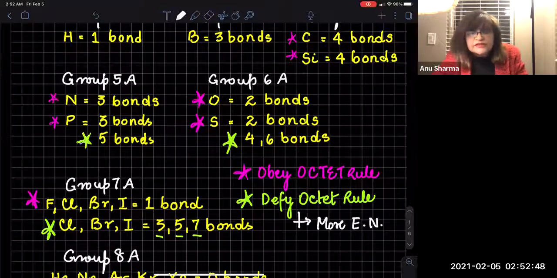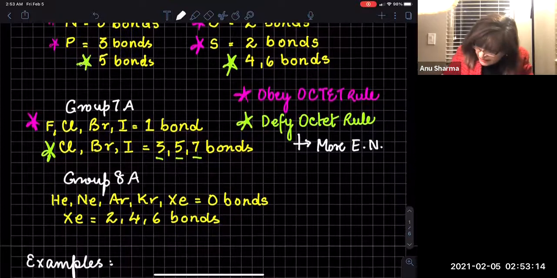So in that situation, yes, the bromine will defy the octet. Similarly, sulfur, if it is combined with a less electronegative element, then it will form only 2 bonds. But there are some situations where sulfur is going to connect to a more electronegative element, such as chlorine or fluorine or oxygen. In those conditions, it will defy the octet.